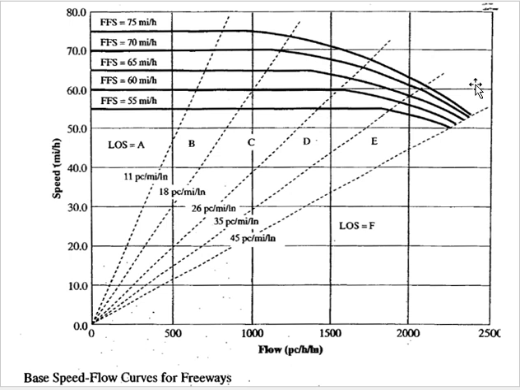So you start a line with a slope of 11 from the origin, and 11 is the density for level of service A. So the line becomes the limit for level of service A. For level of service B, the limit is 18. So you mark a line with a slope of 18, and this becomes the region for level of service B.